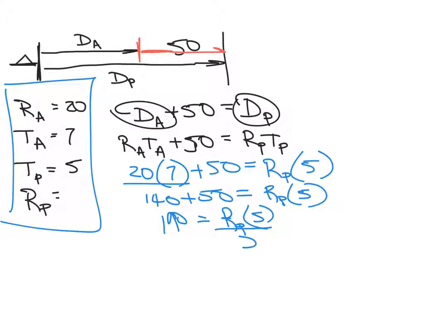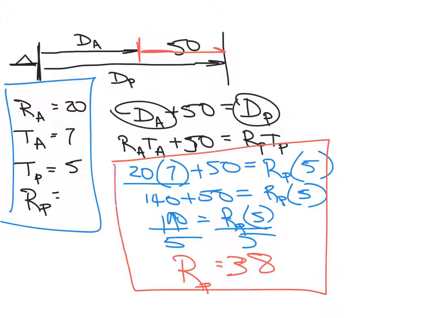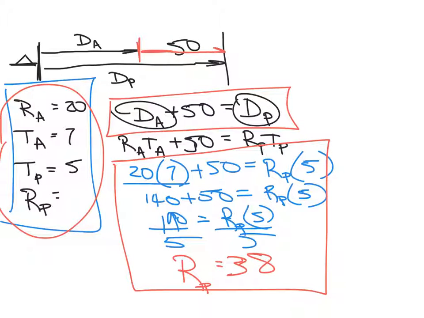Now we're going to divide by 5 to find RP, and we find out that RP, the rate of that guy, is 190 divided by 5, which is 38. So the hard part is not this stuff here. The hard part is making the equation and substituting that in and then doing the basic algebra.